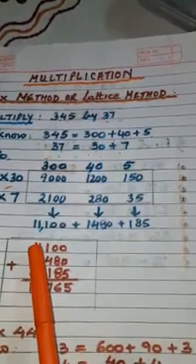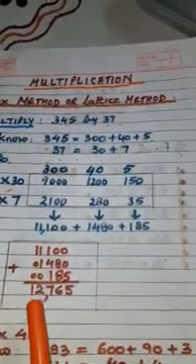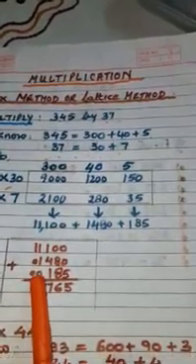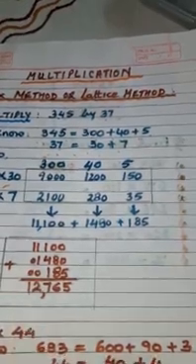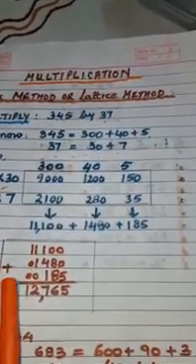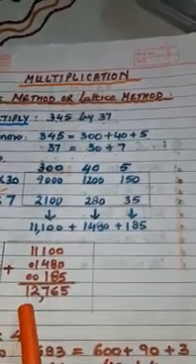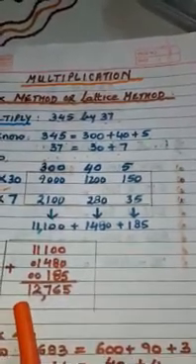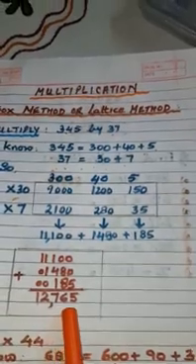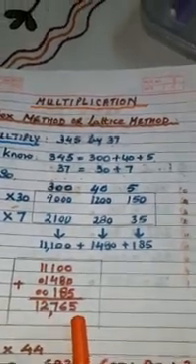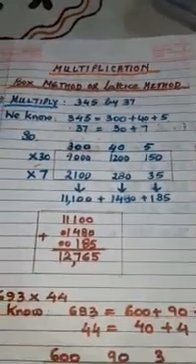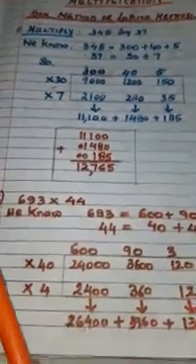Now what is here? 1 plus 1, 2 and 2 plus 0, 2. Here is 1 plus 0, 1. Again 0, 1. So the answer will be 12,765. So I am going to explain this method once again.